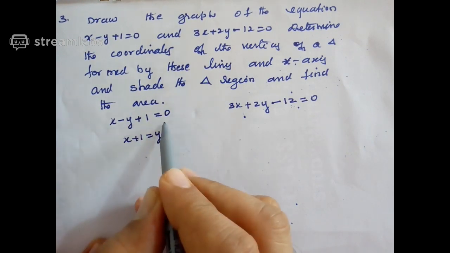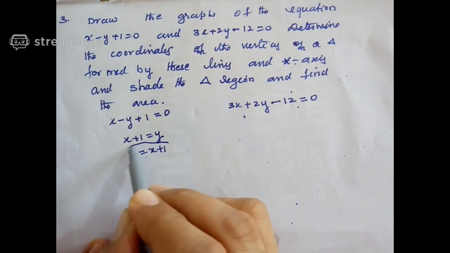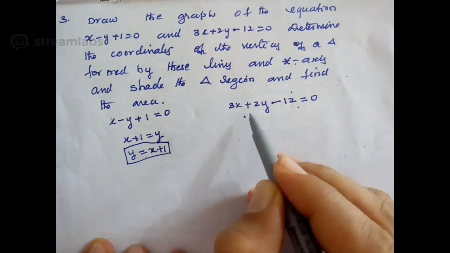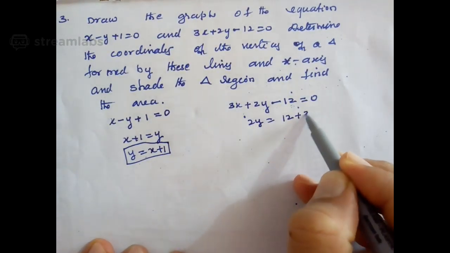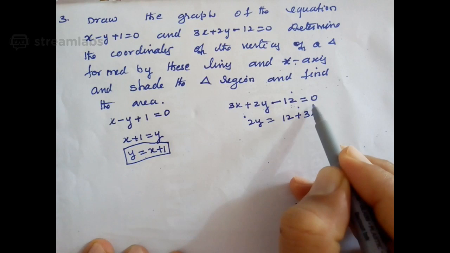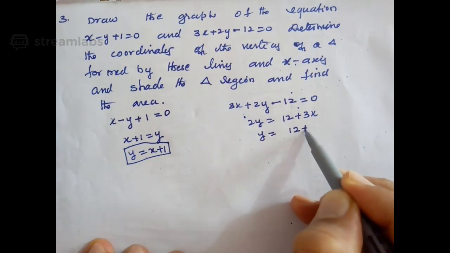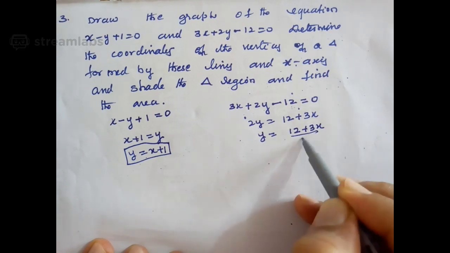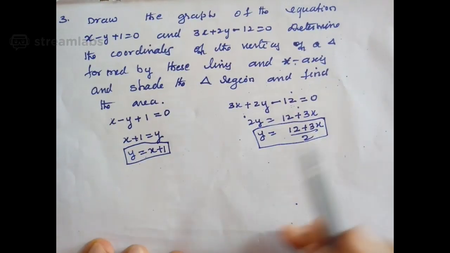I shifted y to this side, so y is equal to x plus 1. This is one of the equations, and here 2y is equal to 12 plus 3x. I've taken 12 and 3x to the other side. So what is y? y is 12 plus 3x by 2. This is the second equation for the line.